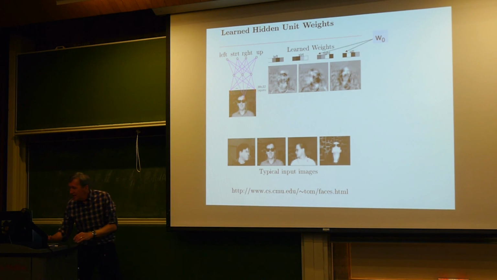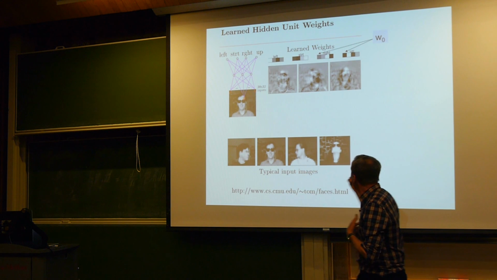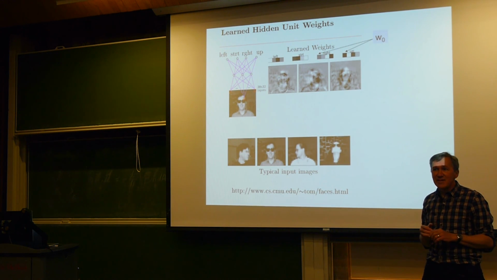And it's item number 4. The first weight is the 0 weight. So this one has a large positive weight to the straight output and a large negative weight to the looking right and a moderate weight to the looking left. Okay, so you see it's not easy to understand what these things are doing, but you also see that they can come up with quite interesting representations.